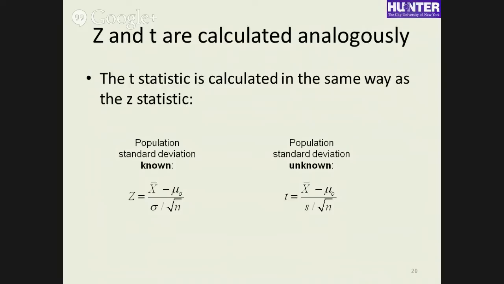So the point is that as you take repeated samples from the same population, there will be variability in them. If you get some really large mean, for example, then you can infer that it probably did not come from that population, and in that case, you would reject your null hypothesis. The z and the t are the basis that you use for making that decision.